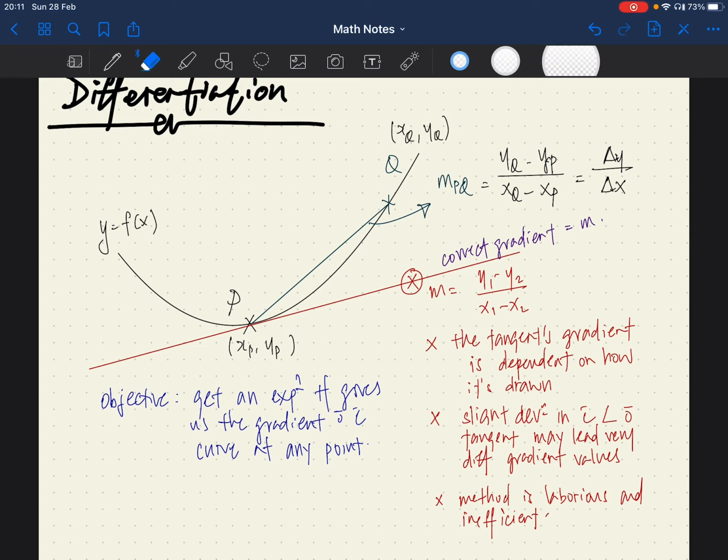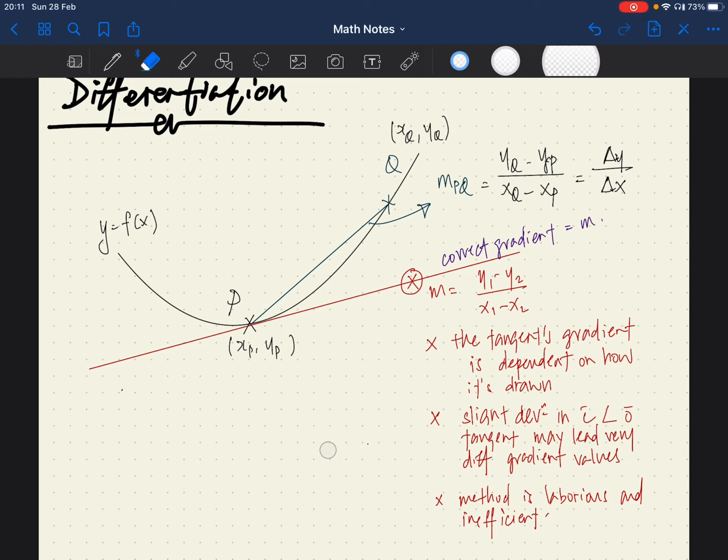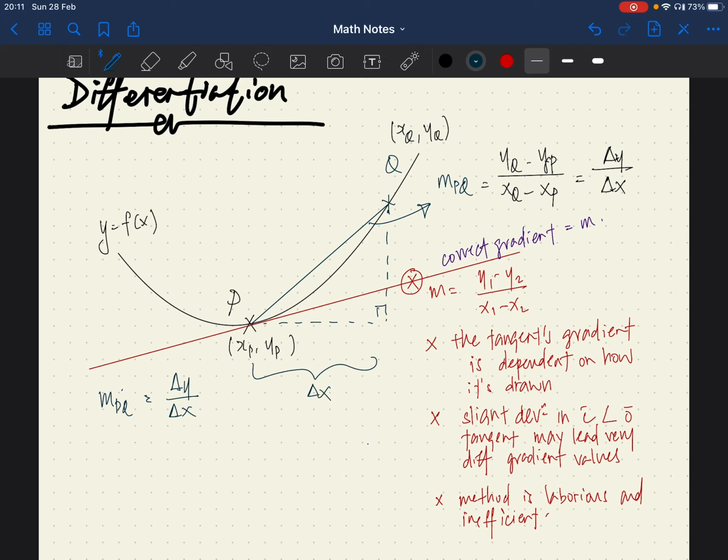Let me remove this objective here, and I'm going to expand from that part. So if my gradient of PQ is my change in y over change in x, if I draw out your gradient triangle, this is my change in x, and this is my change in y.